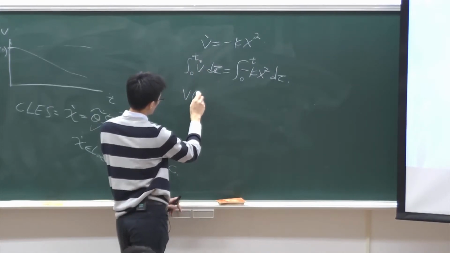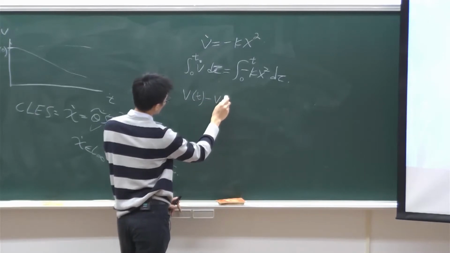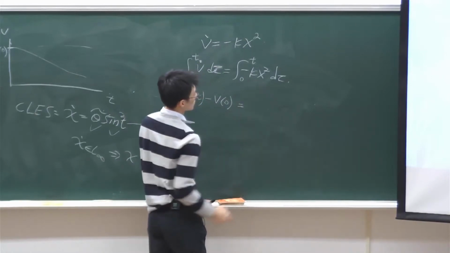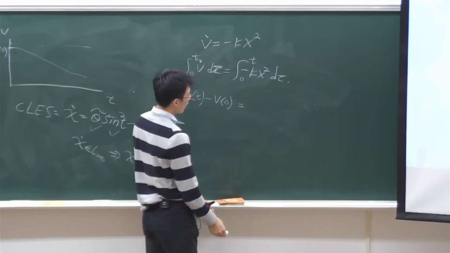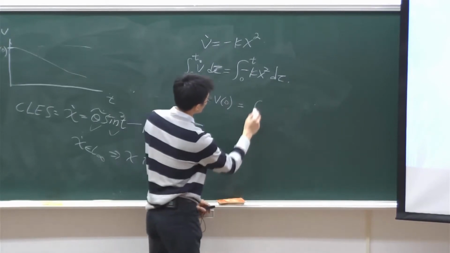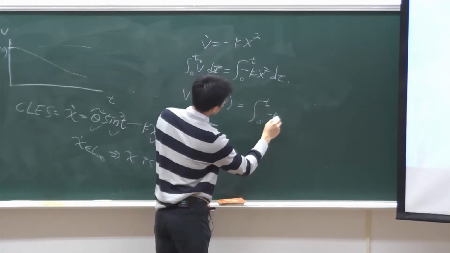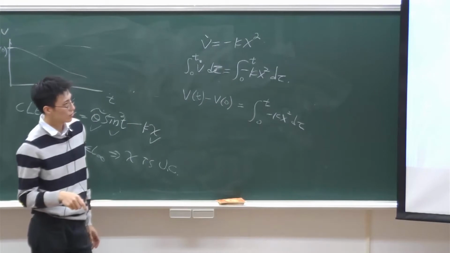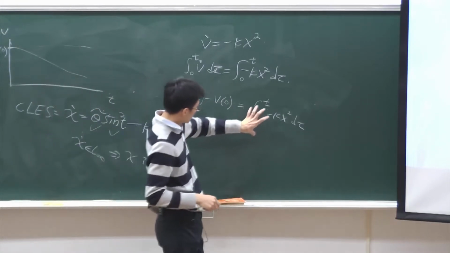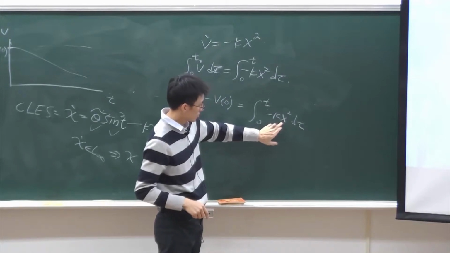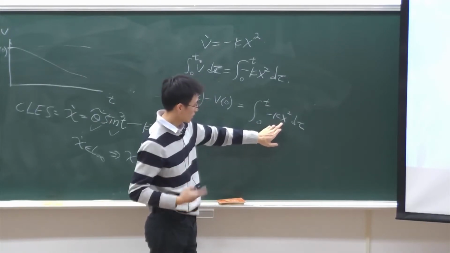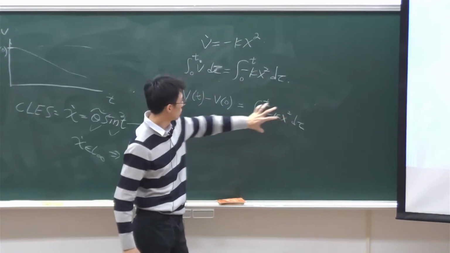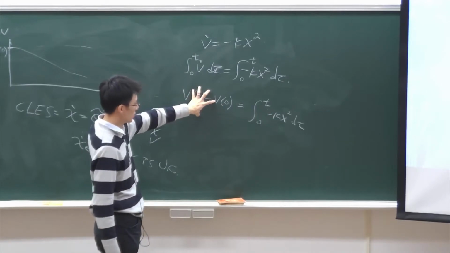This gives you v(t) minus v(0) equal to this. If you forgot what an L2 function is, go back to review. L2 function means the integral of a signal squared is bounded. So you need to check the left-hand side to see if it's bounded or not.